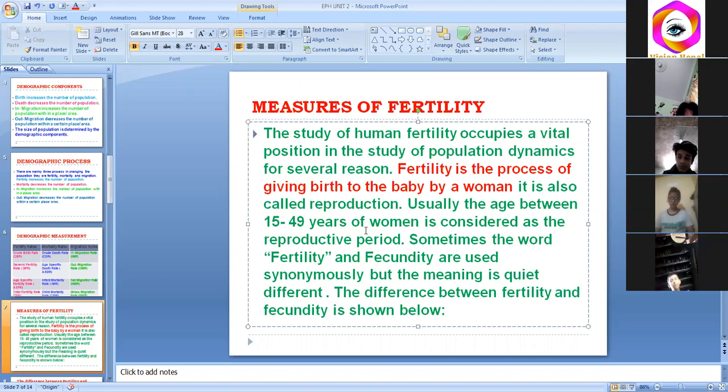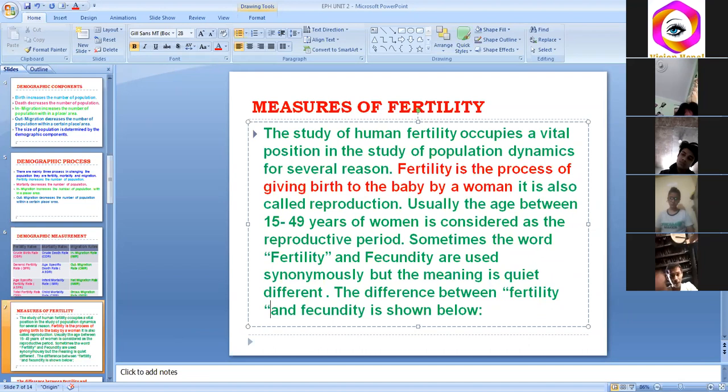The difference between fertility and fecundity is shown below. Here we call fertility and fecundity equally, but there is some difference between them.